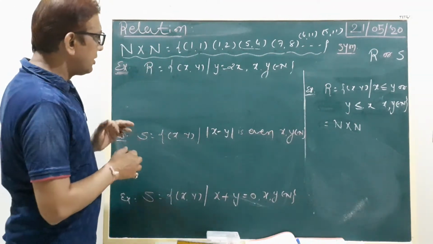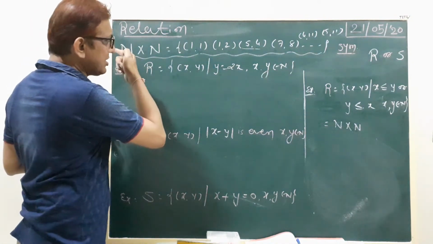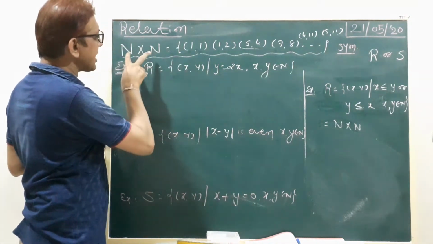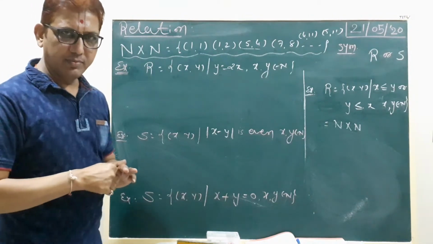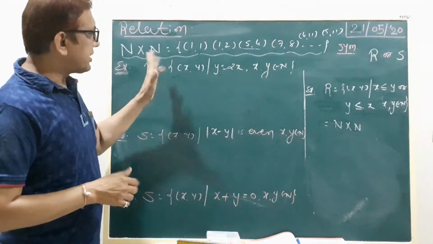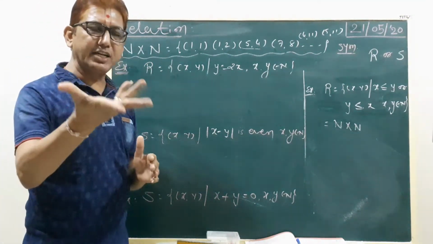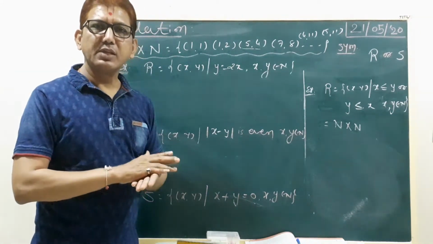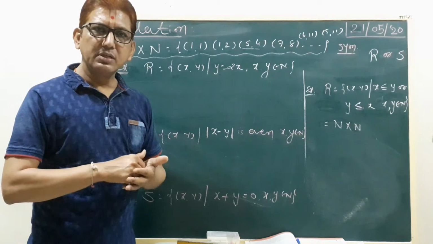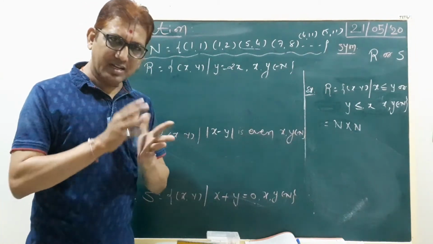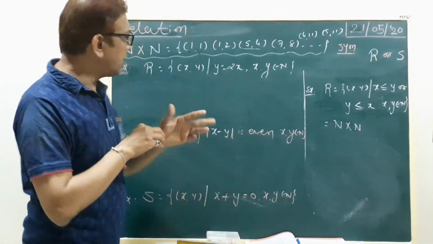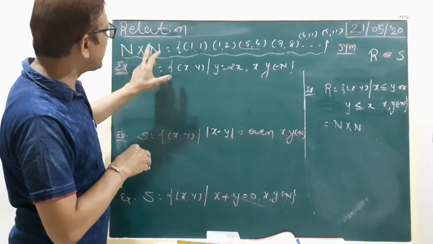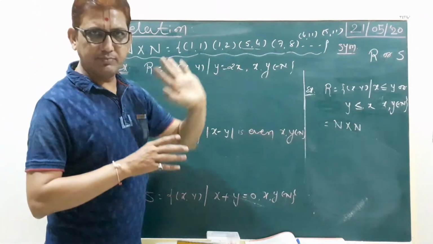Okay. Here, first we write Cartesian product, N cross N. You can also write Z cross Z, Q cross Q, R cross R, any one. But compulsorily we have a Cartesian product, that is, ordered pairs.